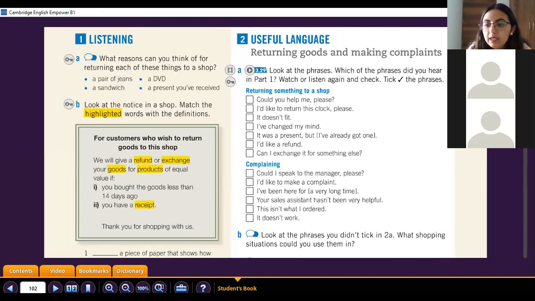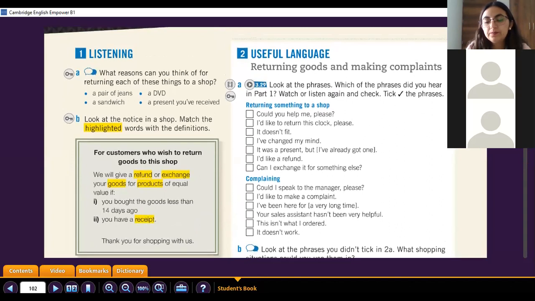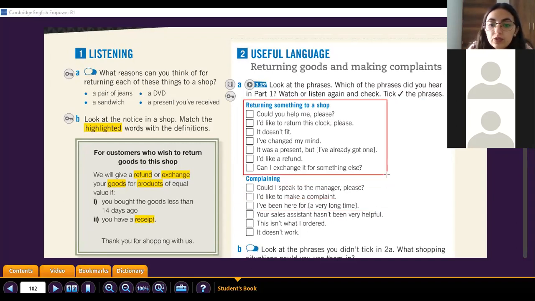Look at this. Right here we have some phrases. When you want to return a good in a shop, when you want to return something, you can use any of these phrases. Cada vez que ustedes quieran devolver algo en una tienda, podrían ocupar cualquiera de estas frases.